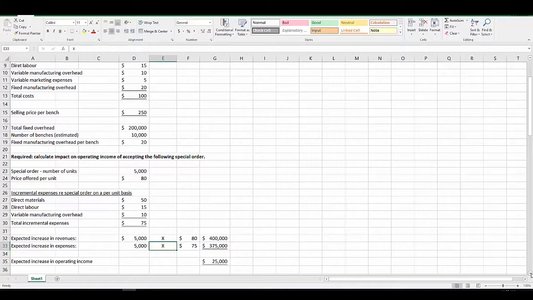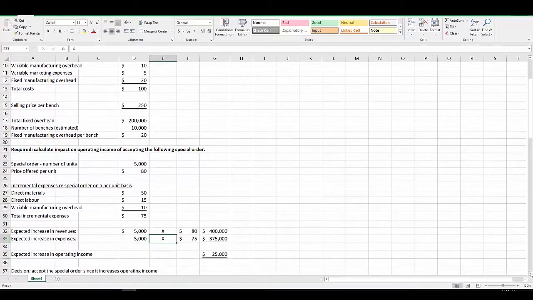So based just on the quantitative side of things, you would definitely say yes, that you would take that special order and sell them the 5,000 units for $80.